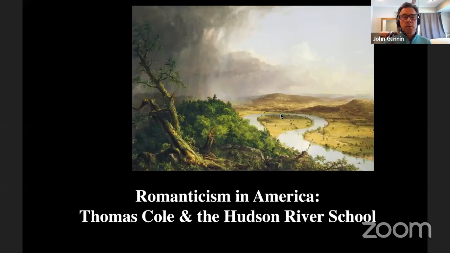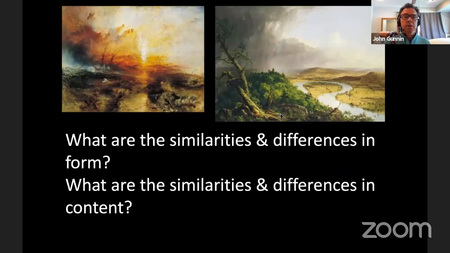I'd like to take a moment and compare the slave ship to another painting from the United States at a comparable time in history. I'd like you to think about what the similarities and differences are in form, and what the similarities and differences are in content.